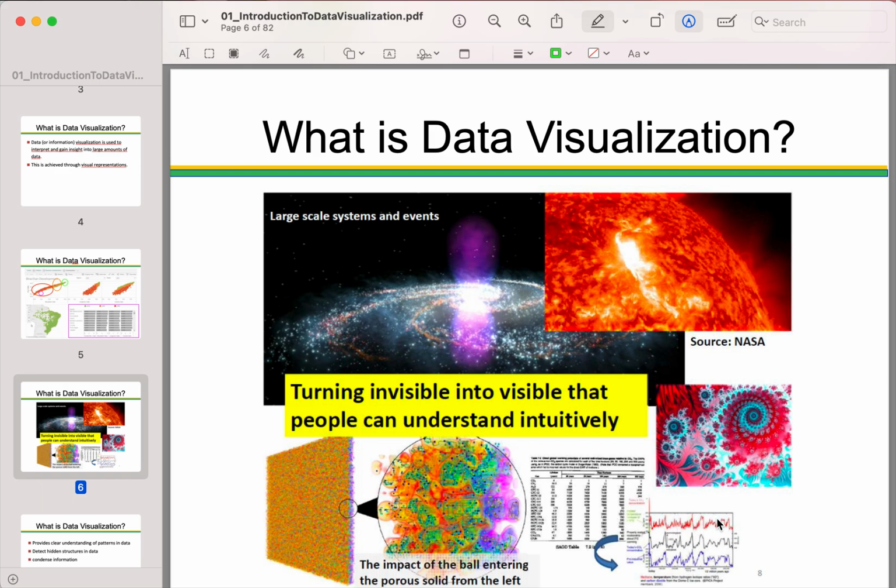This is more like a cardiogram of the heartbeat that was taken from patients' records. So again, the cardiogram is going to be a visualization of the heartbeat data for those probably patients with heart disease.